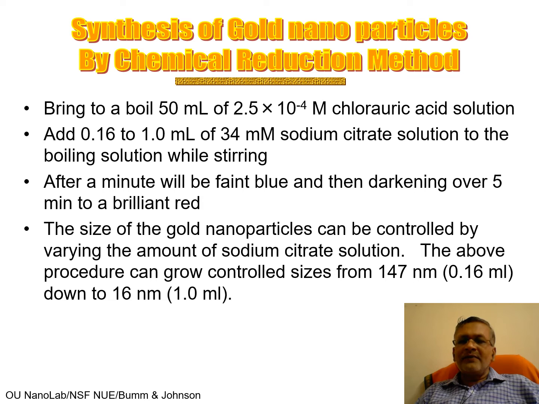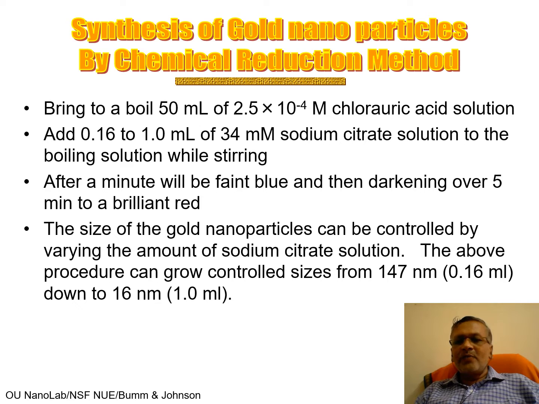We are taking one example: synthesis of gold nanoparticles by the chemical reduction method. The method is very simple. The things required are gold auric chloride to get the nano gold particles, and the reducing agent sodium citrate.